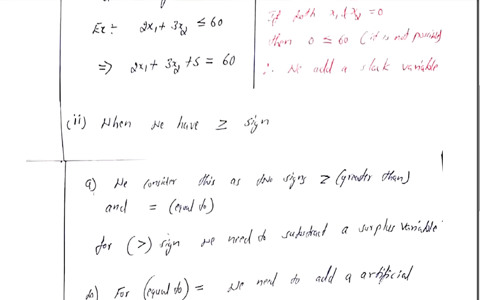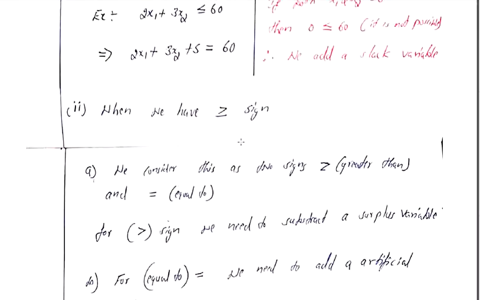Now, when we have a greater than or equal to sign, what do we have to do? When we have a less than or equal to sign, we just add an extra variable, the slack variable. But when we have a greater than or equal to sign, there are two parts to it.